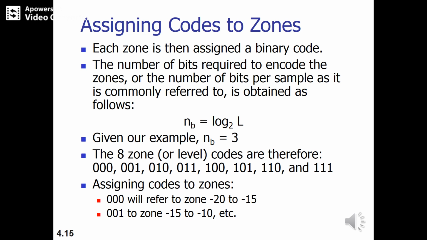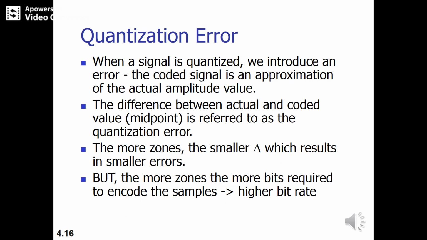So these values will be assigned to different zones. For example, 0, 0, 0 will refer to the zone minus 20 to minus 15.